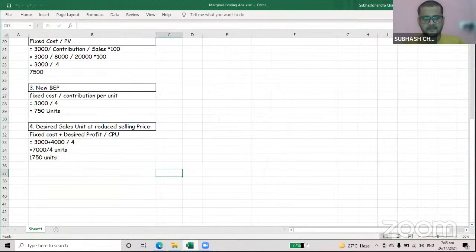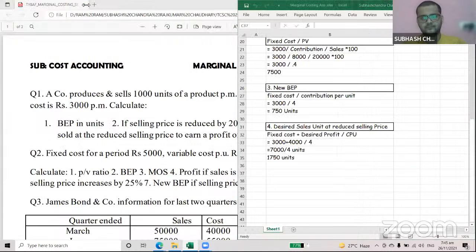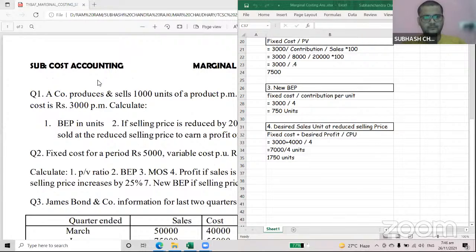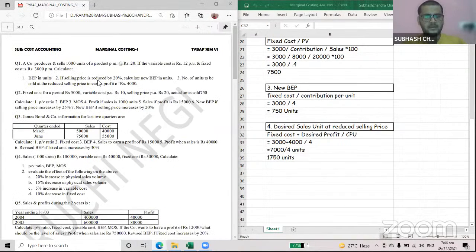Yeah, this is our Excel sheet. Now you can find everything is almost one and the same. So I'm solving it here, and try to calculate the answers before I calculate. It will help you to understand.